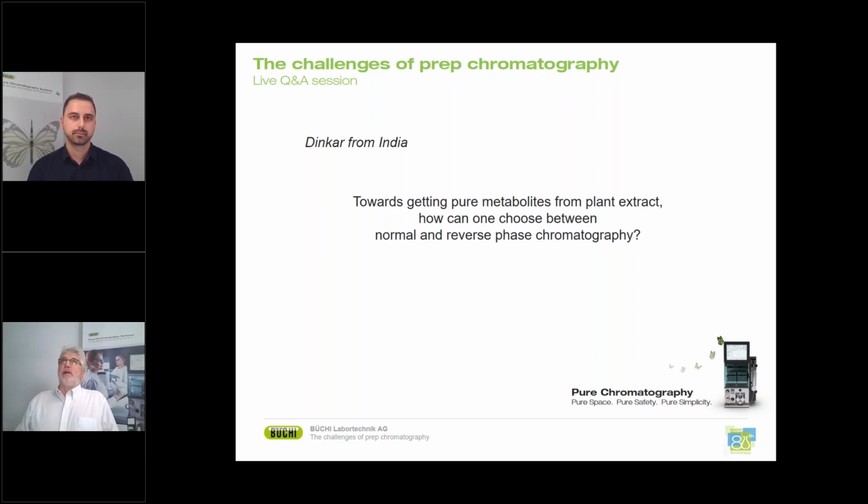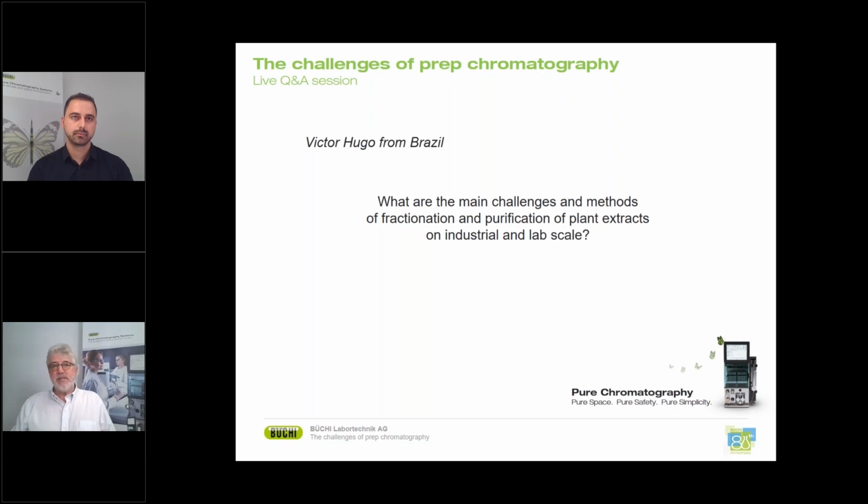Well, I would say that links a bit together with the previous question. Again, it's about the extract and the complexity. Because here with plant extracts, we are not talking about just a few compounds, 5, 6, 7 compounds, but it easily goes up to hundreds, 100, 200, 300 compounds in an extract.